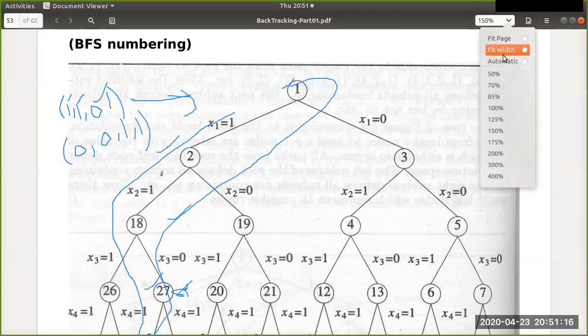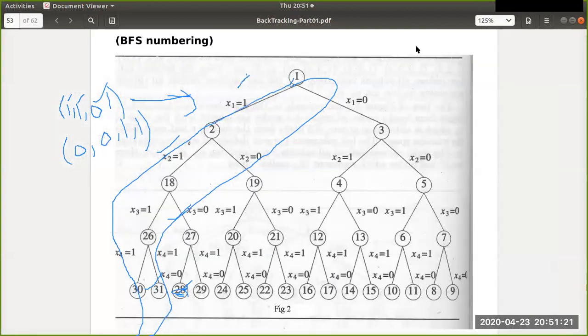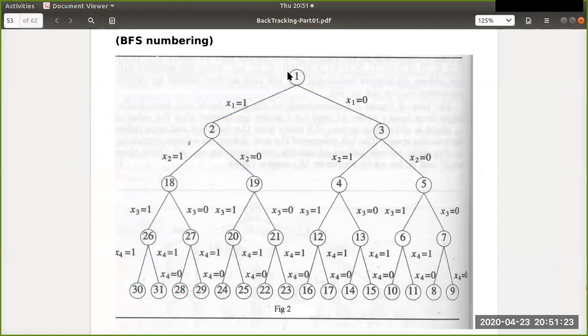Again, I'll try this. Finally, the solution will be this one. So first item, second item weight, and not including third item, fourth item weight.